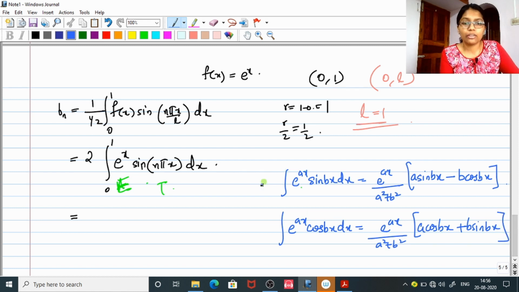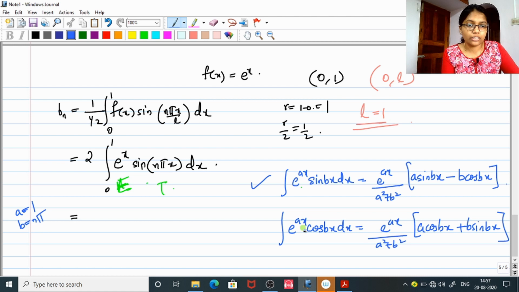Here in this case, we have to make use of the formula e raised to ax sine bx. So let me write the a and b values here. A is the coefficient of x, which is 1, and b is the coefficient of x in sine bx. Here it is sine n pi x, so b value is n pi.